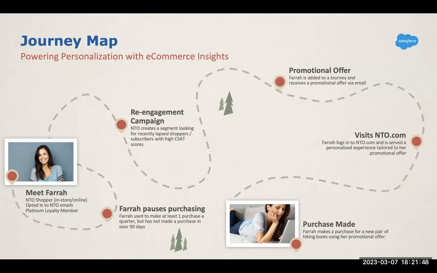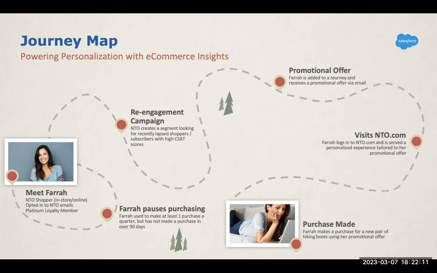So when you look at the journey map, you could power your personalization with e-commerce insights. Look at Farah. She's an online shopper and an in-store shopper as well. She's a loyalty member who makes at least one purchase a quarter, but she has not made any purchase in the last 90 days.